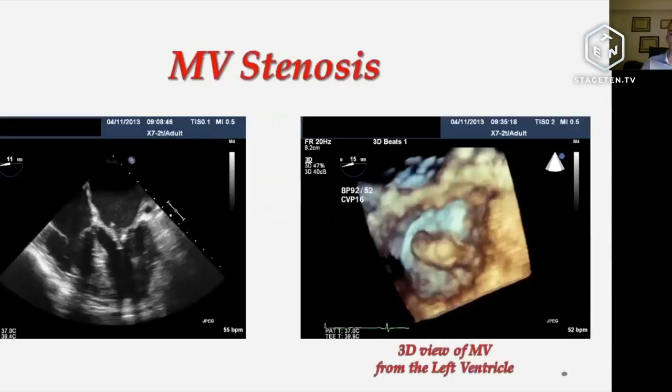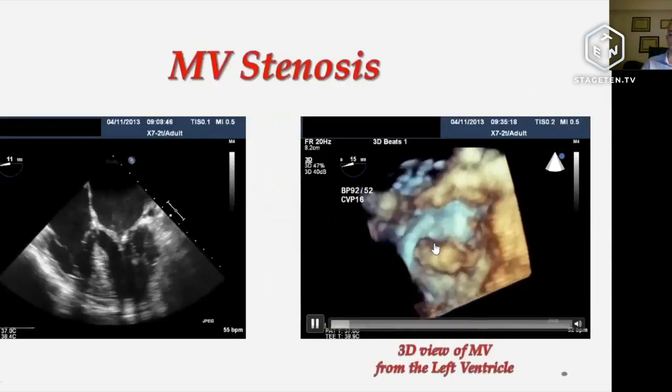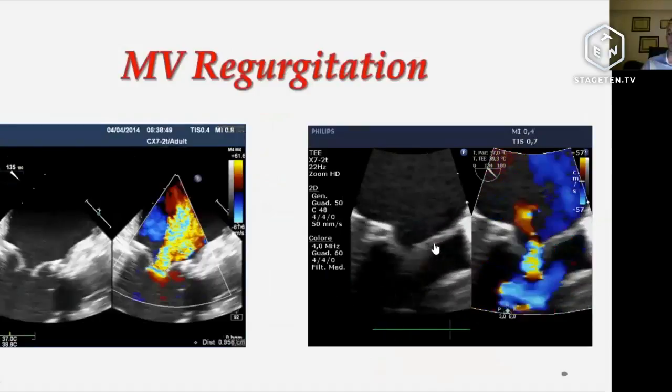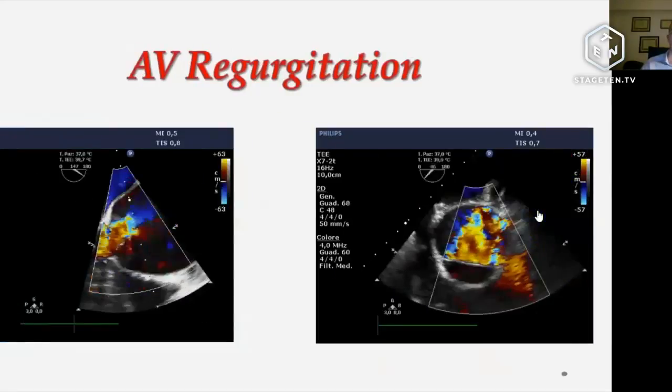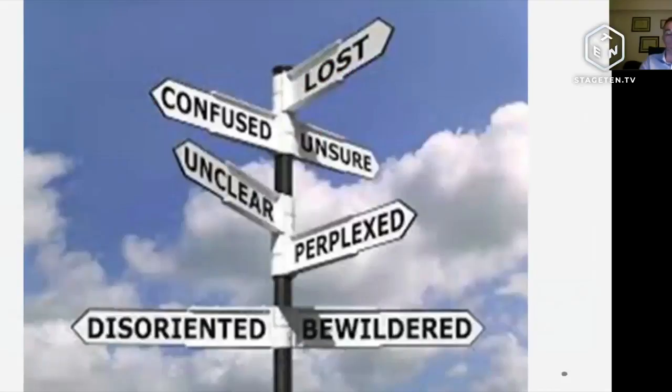of mitral valve stenosis. This is a 3D view from the left ventricle. It's difficult to evaluate the transmitral blood flow in conditions of mitral regurgitation, aortic regurgitation, etc. So it's not that easy, and someone may get confused, lost, or whatever.